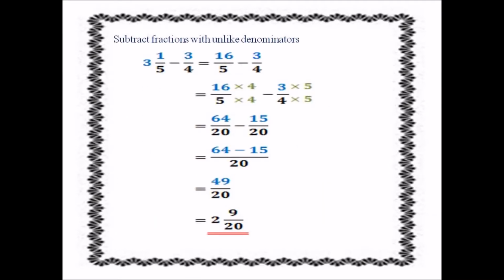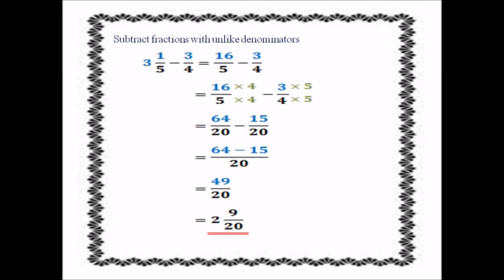Subtract fractions with unlike denominators. 3 1 by 5 minus 3 by 4 is equal to, 3 1 by 5 will be 16 by 5, and minus 3 by 4.